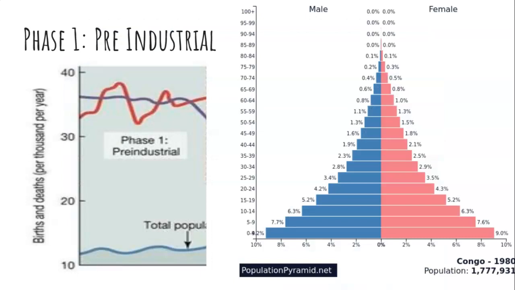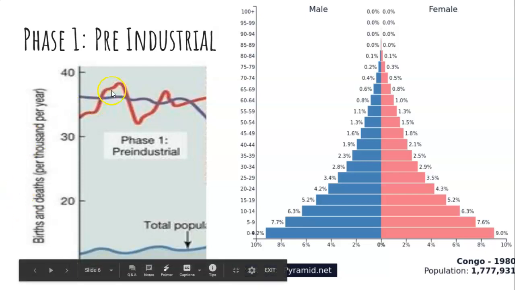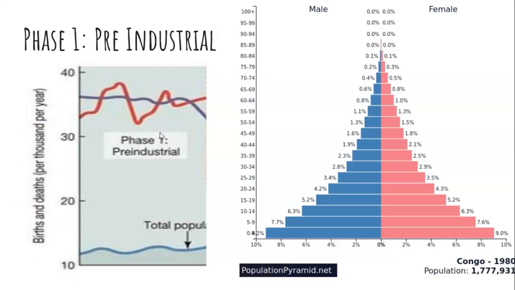So the first phase of demographic transition is known as phase 1 or the pre-industrial stage. If you're looking at this stage, what you're going to notice is that there's an exceptionally high birth rate, which is this red line in the graph. Birth rate is constantly going up and down due to natural changes of people having more babies or not having more babies.